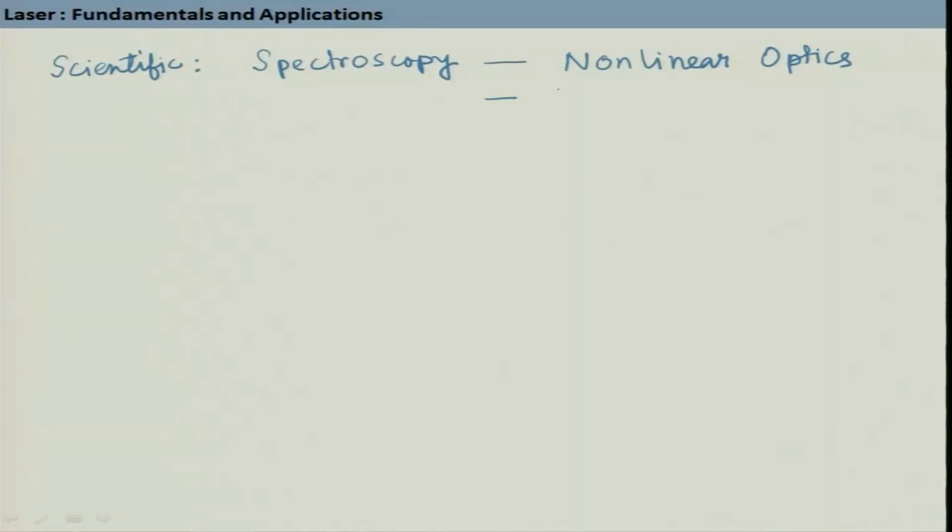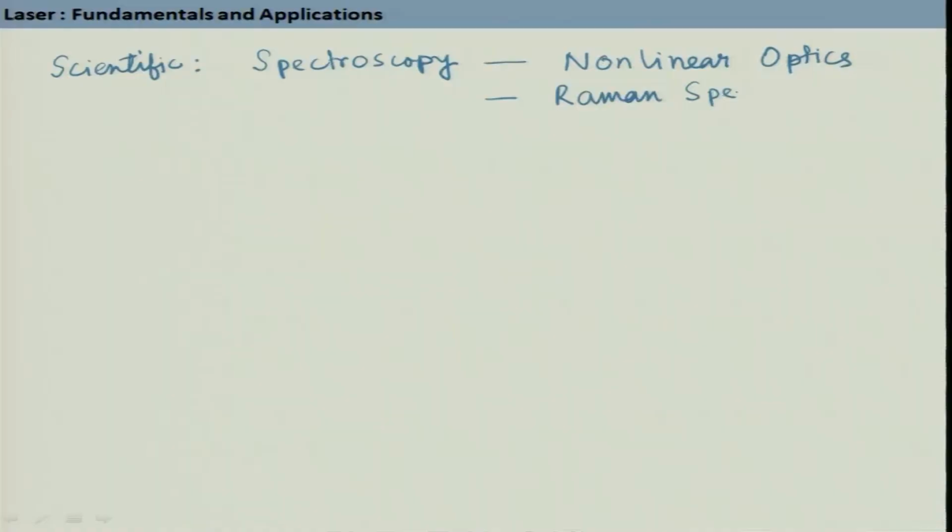And we have Raman spectroscopy. We know Raman process is a very weak interaction of light with matter, and you need a really high intensity light source to obtain Raman spectra. So laser has made Raman spectroscopy really easy in that sense, because it can provide really high intensity of light.